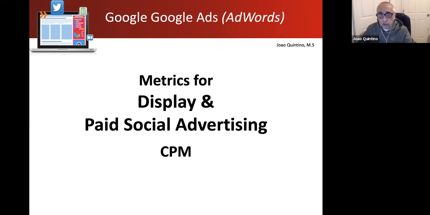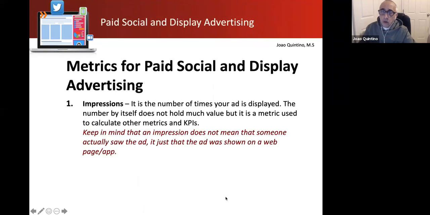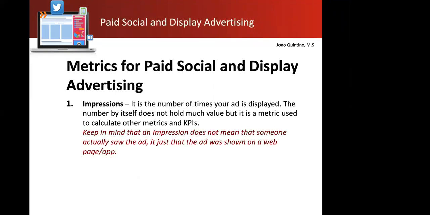The acronym is CPM, cost per mil, because mil is the Latin word for thousands. Basically, it is the cost per 1,000 impressions. Impressions, again, is every time your ad shows up.